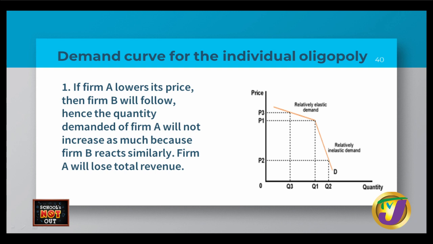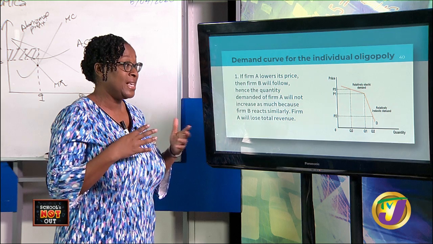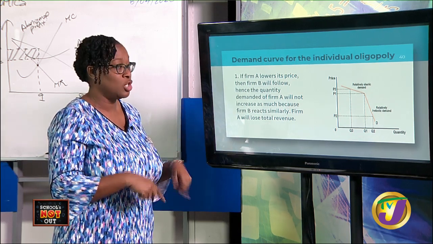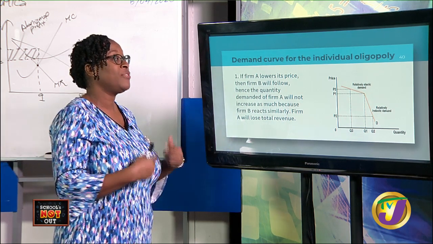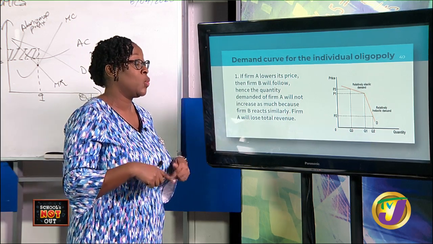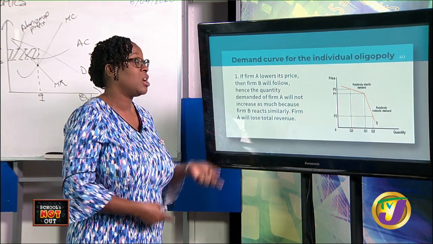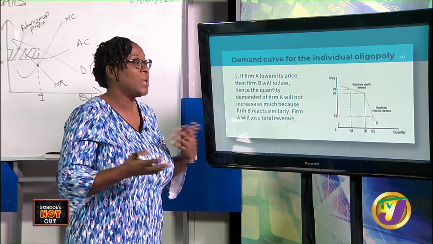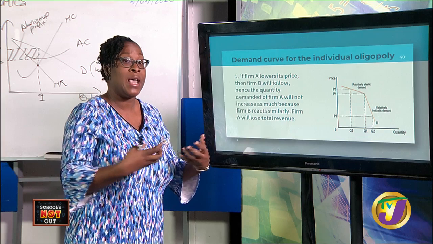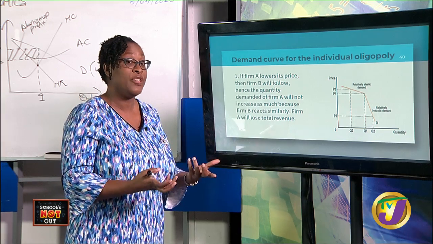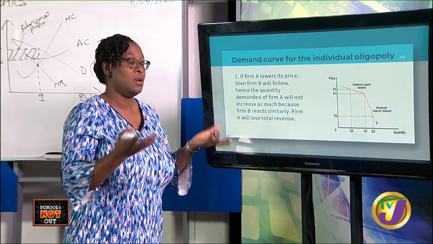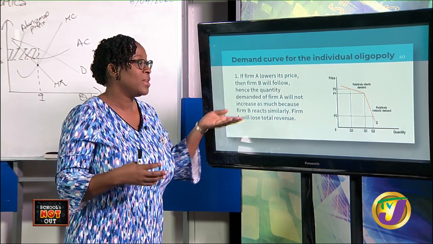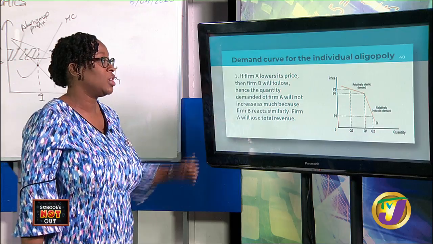But because there is a watch and see, and I'm looking at you as my rival, you drop your price, I'm going to drop my price too. So the revenue that firm A wanted to make will not materialize because firm B is going to react similarly. And because the products are similar or just slightly differentiated, consumers, of course, will benefit from the price decrease, but the firms will not get much in terms of total revenue.